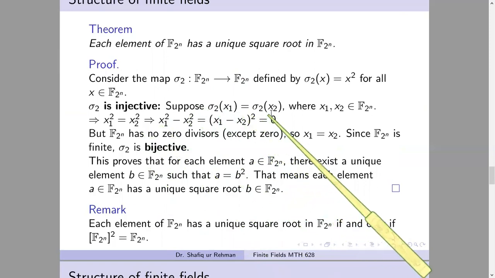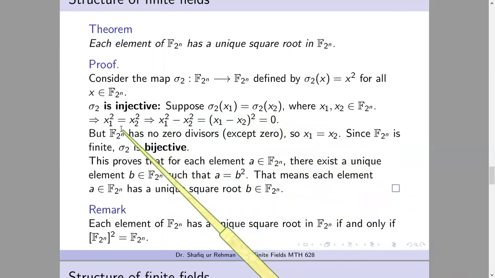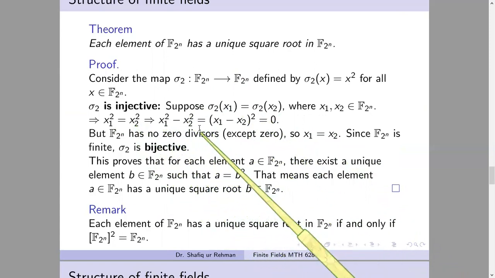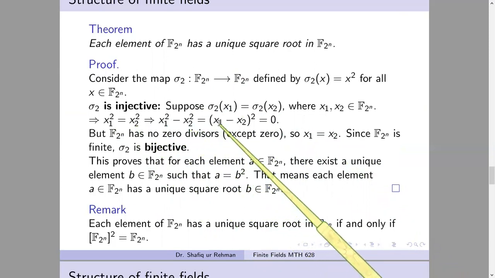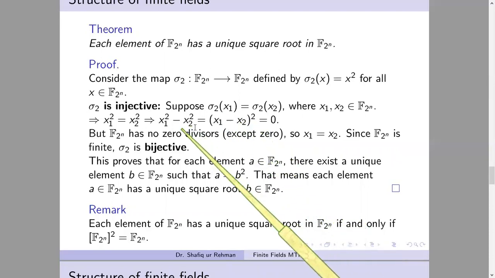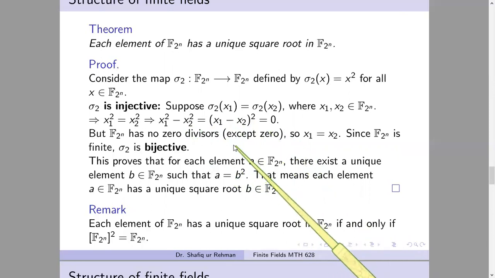So first we prove that this function is injective. Suppose two elements have the same image. This implies by definition x1 square equals x2 square. This implies x1 square minus x2 square is 0. But because we have characteristic 2, if we open x1 minus x2 whole square, the 2x1x2 term will become 0, so this equals x1 square minus x2 square, which is 0. But notice that we are in a field, and a field has no zero divisors.